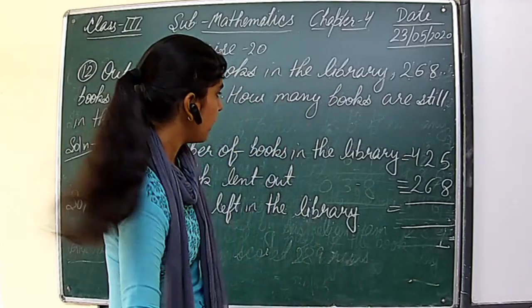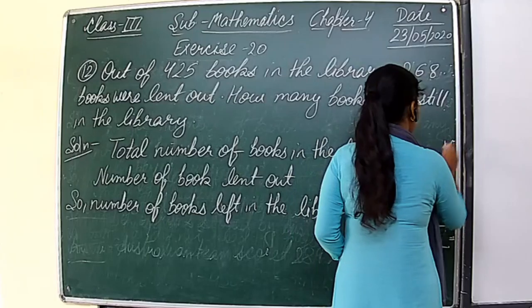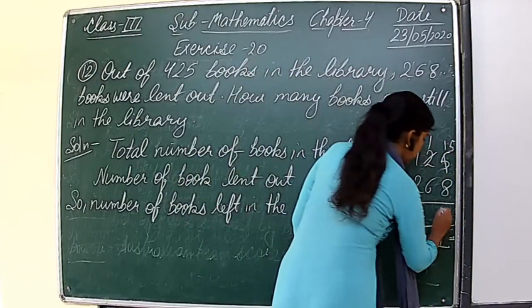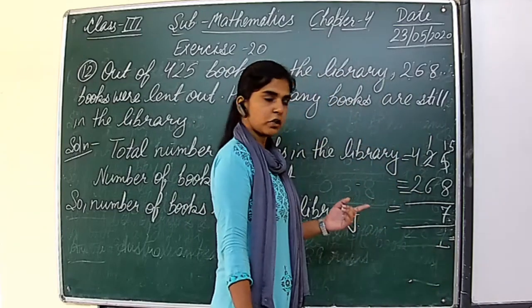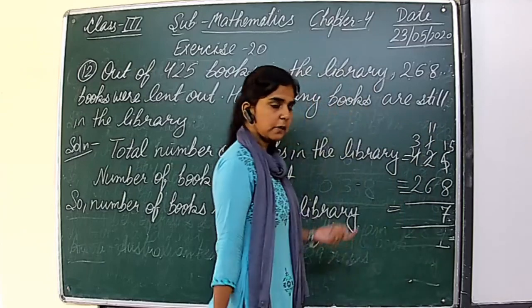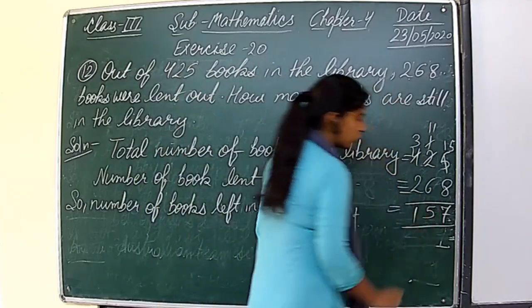Okay? So 5 minus 8, not possible. We will take 1 borrow, it will become 15 and it will become 1. 15 minus 8, 7. 1 minus 6, not possible. So we will take again borrow, it will become 11 and it will become 3. 11 minus 6, 5 and 3 minus 2, 1.